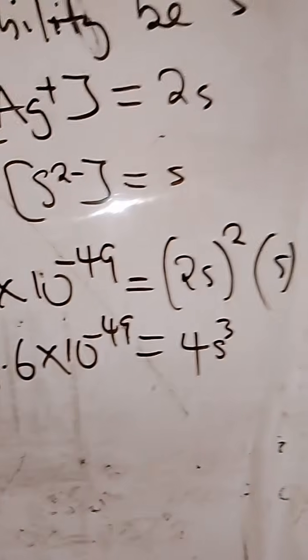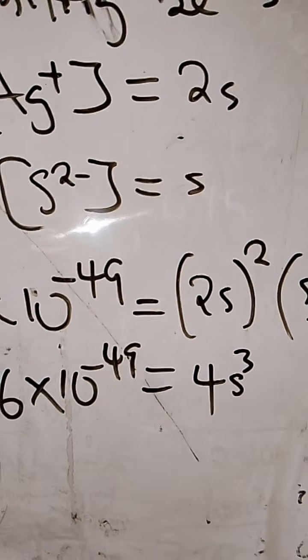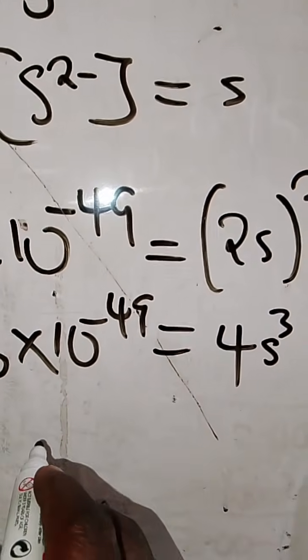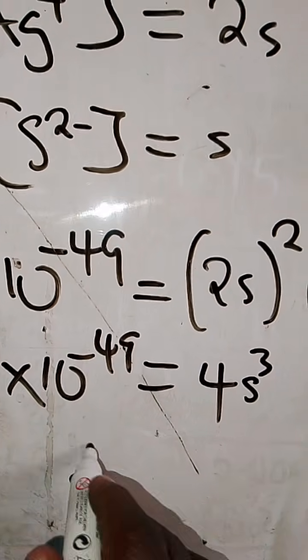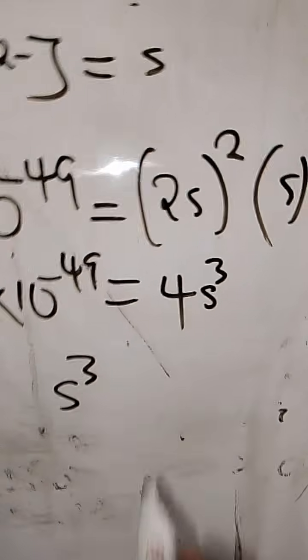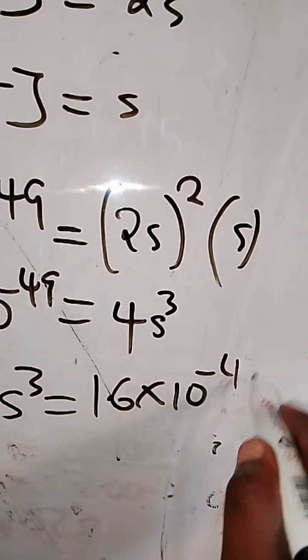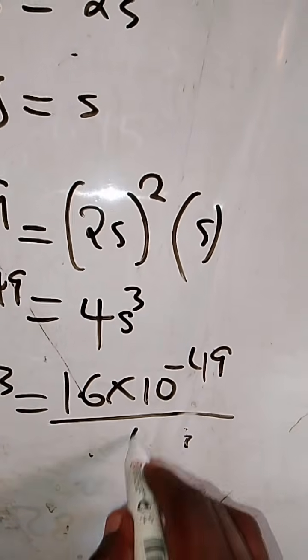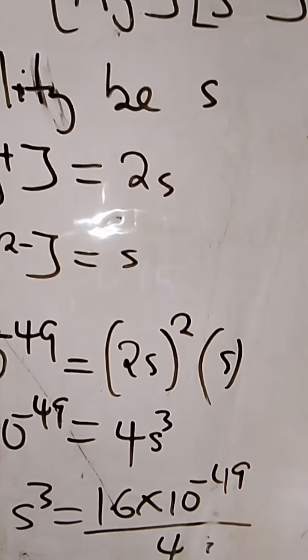Then now we need to find the value of S. So here we can simply say S cubed is equal to 1.6 times 10 to the power negative 49 over 4.